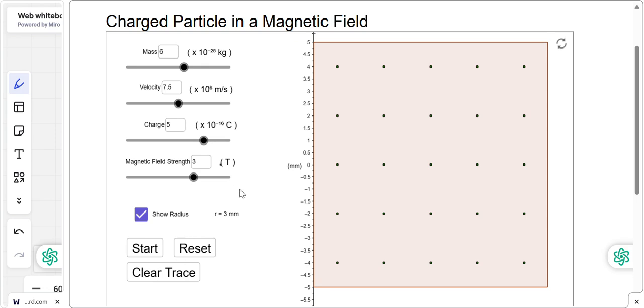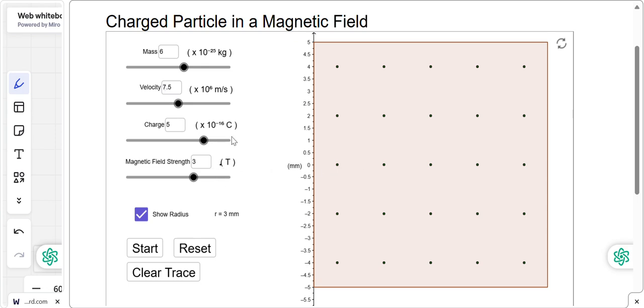Now, before injecting this charged particle into this field, let's see what its mass, velocity, charge, and magnetic field strength values are. By default, the mass is set to 6 times 10 to the power minus 25 kg.